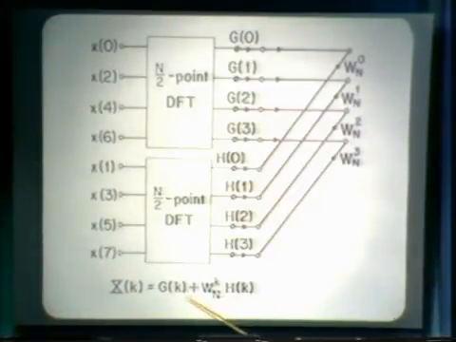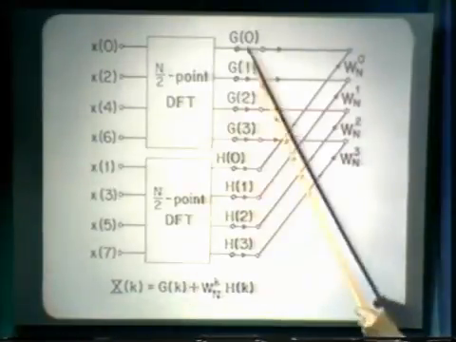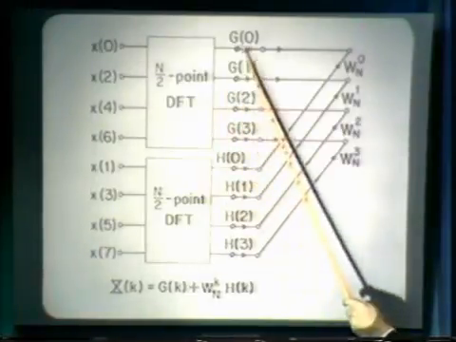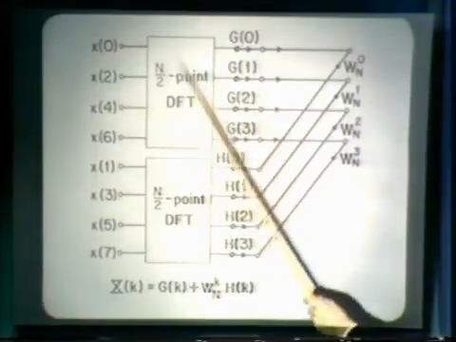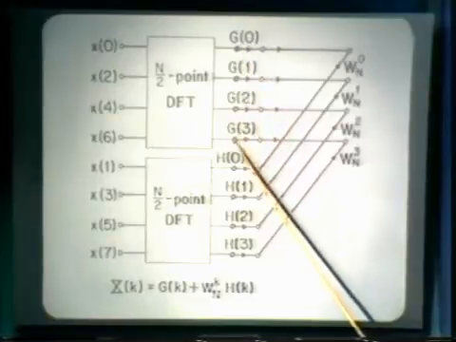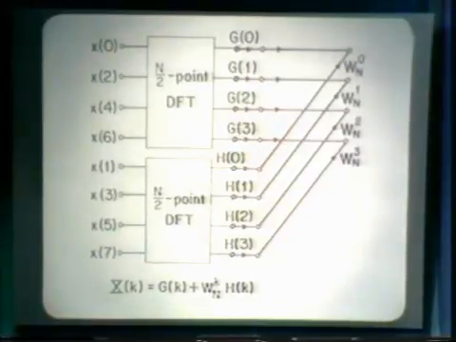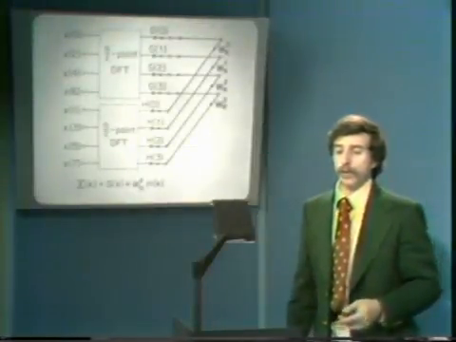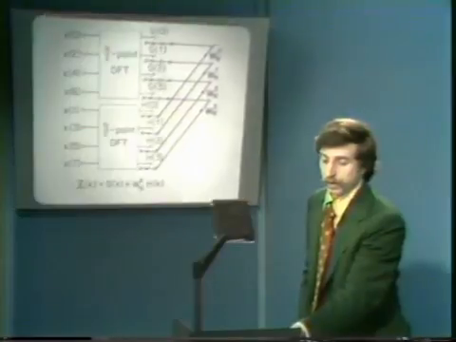But what's g of 4? G of 4 is equal to g of 0 because of the fact that g of k is periodic with period 4. This is a 4-point DFT that we're computing. So g of k is periodic with period 4, and consequently, h of 4 and g of 4 are equal to h of 0 and g of 0.